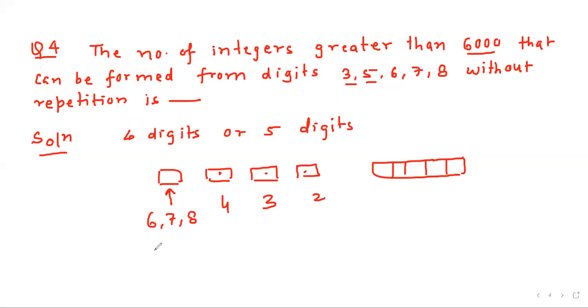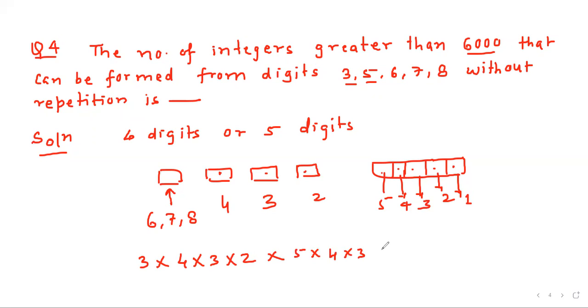So total number of ways will be equal to 3 times 4, 3, 2 plus, in case of 5-digit number, 5 ways, 4 ways, 3 ways, 2 ways, and 1 way. So total 5, 4, 3, 2, 1.